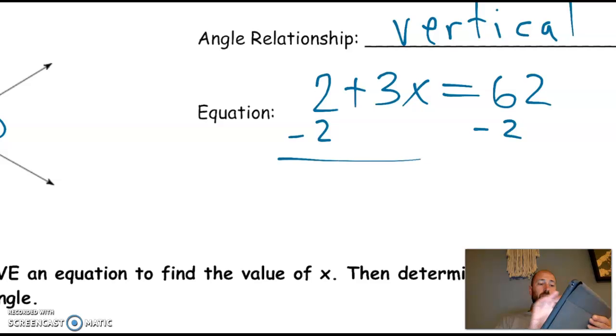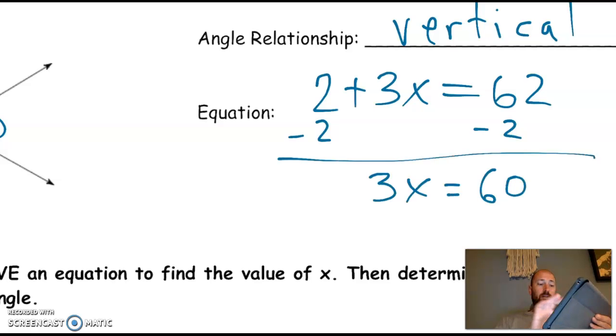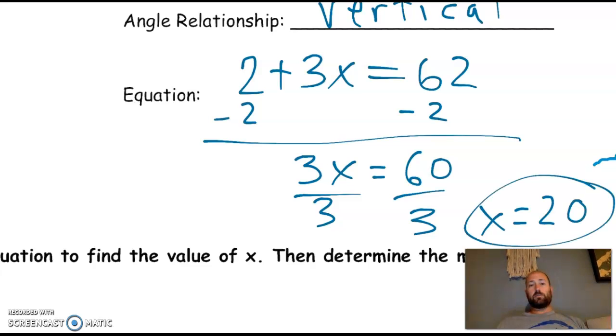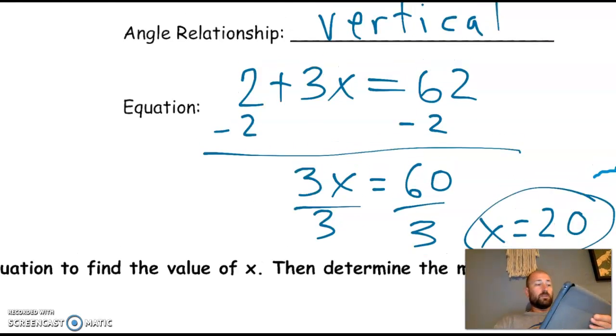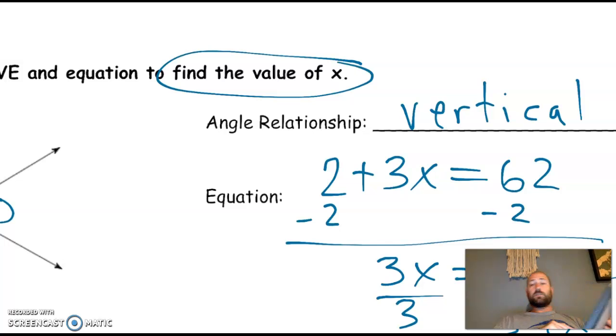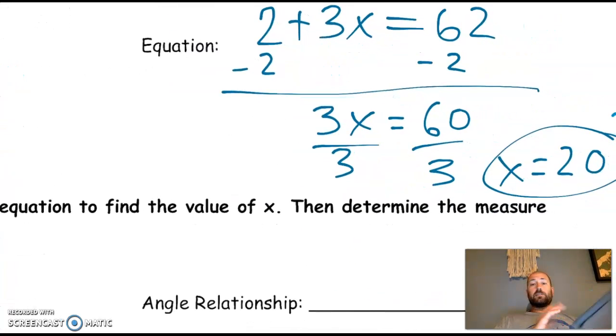So the first thing I did was identify the angle type. The second thing we did was use that relationship to write an equation. So x is equal to 20. This one says find the value of x, so in this case, x is equal to 20.